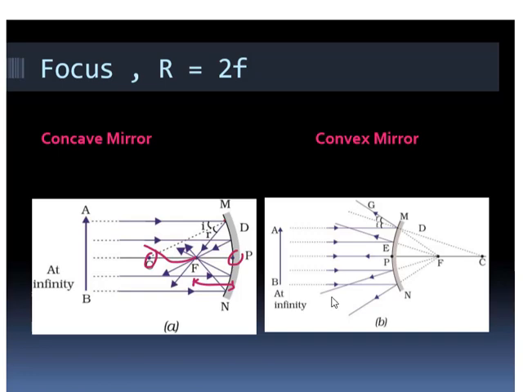Okay, so in case of concave mirror, the reflected rays are actually meeting at a certain point, that is focus. In case of convex mirror, the reflected rays are not actually meeting at a certain point. Here they are virtually meeting. So in case of concave mirror, a real image is formed because images are really formed. In case of convex mirror, a virtual image is formed. So about this image formation, we'll talk in the coming classes.